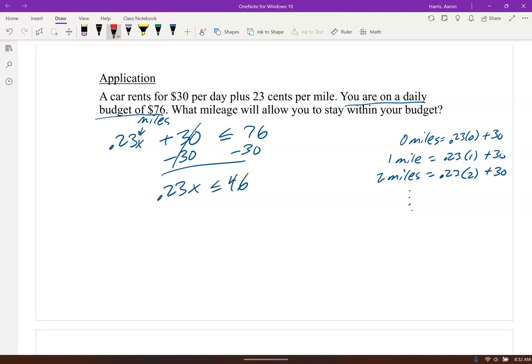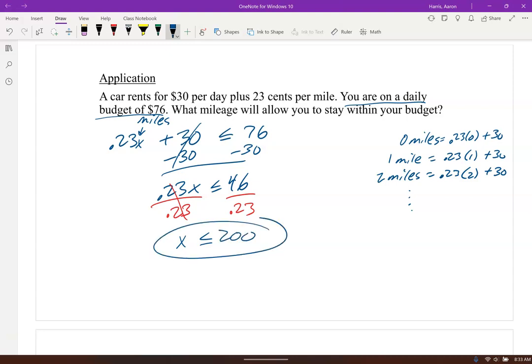And then I'm going to go ahead and divide by 0.23. And that's a positive, so that'll be less than or equal to. Then I punch in 46 divided by 0.23 and get 200. So I can go 200 or fewer miles to stay within my budget.